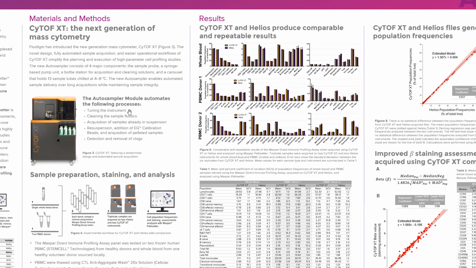First, tuning of the instrument, cleaning of the sample fluidics, acquisition of samples that are already in suspension. It can also do resuspension, addition of EQ calibration beads, and acquisition of pelleted samples, as well as automated washing after one sample acquisition before proceeding to the next one.